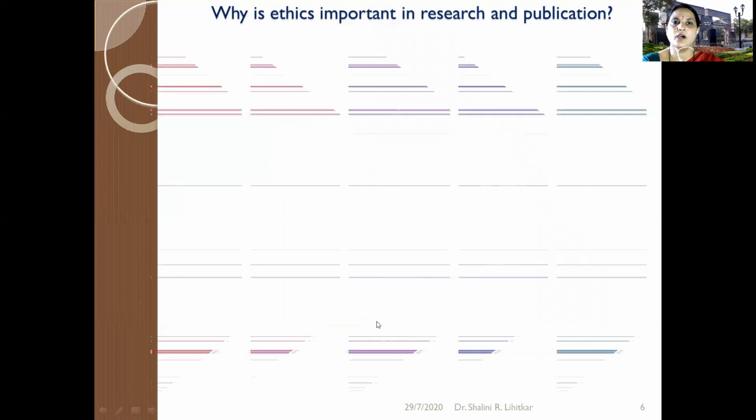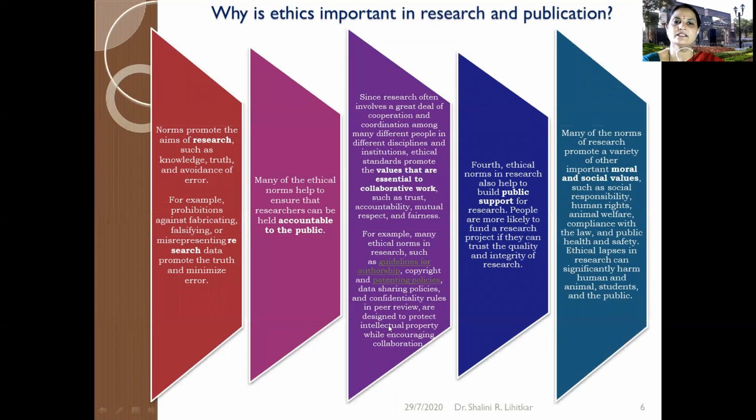Let us see why it is important. Ethics are very important in research and publication because generally the norms promote the aims of research, such as knowledge, truth, and avoidance of errors. Many of the ethical norms help to ensure that researchers can be held accountable to the public.